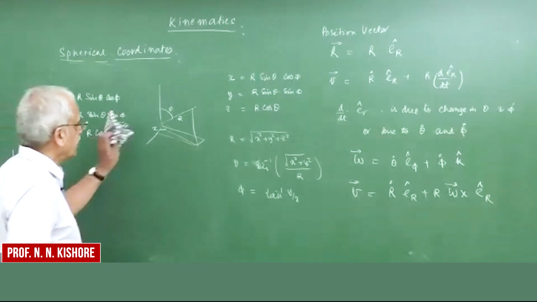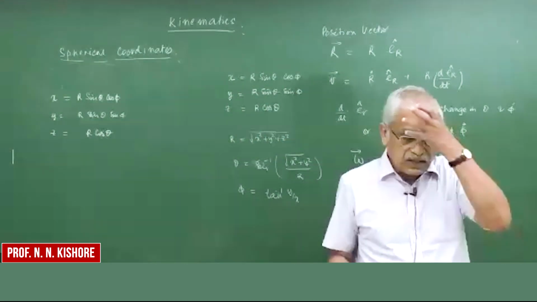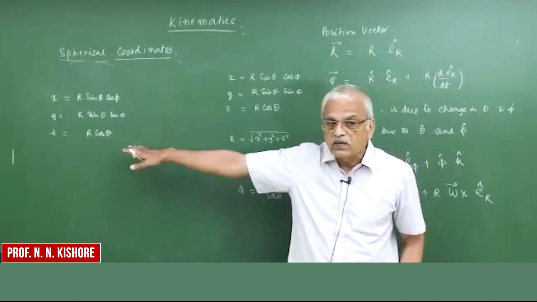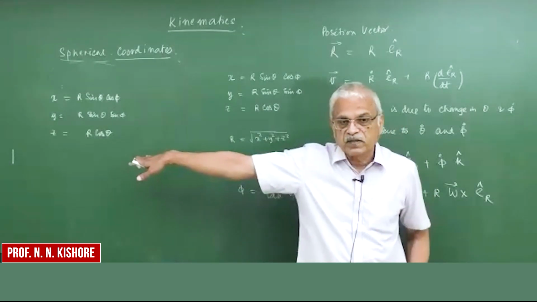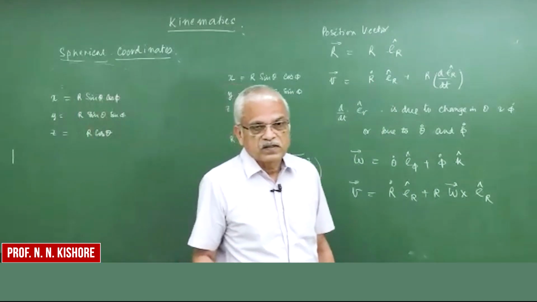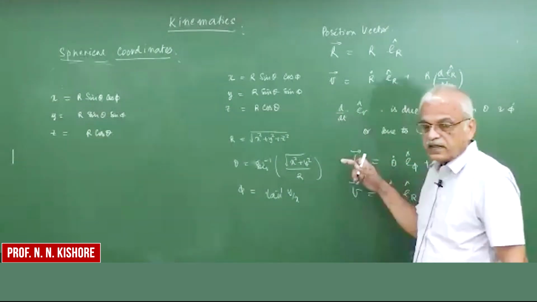Interestingly, as I said, the transformation matrix can be obtained by looking at the angles. Now we are looking at the transformation matrix between the unit vectors, which are i, j, k or e r, e theta, e phi.